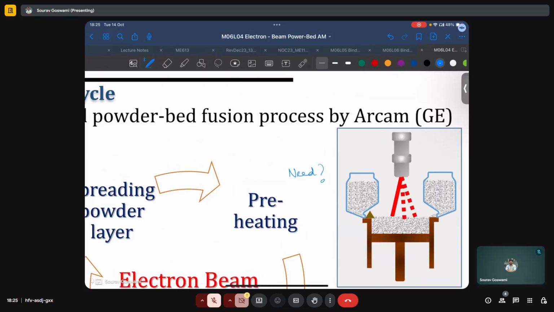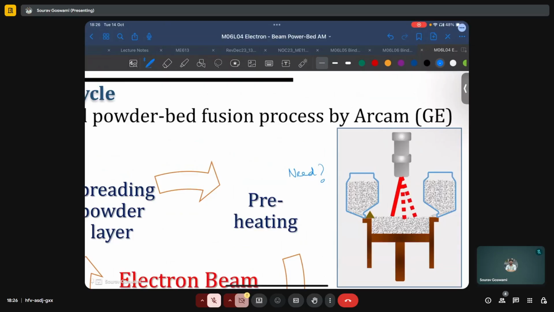Of course, a third approach can be to use the same spot size but lower the power so that we are not really melting the powders, we are just heating them to some extent. But using a larger spot size will ensure that we are able to scan the entire area in fewer passes. Of course, given the very high speeds of this process, in terms of time saved, it will not really matter much.